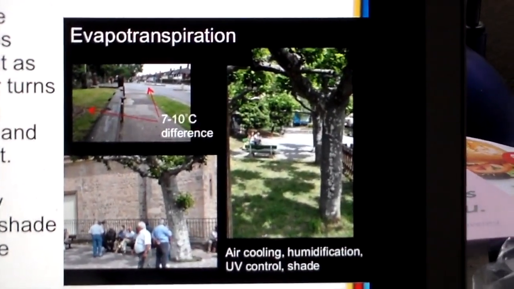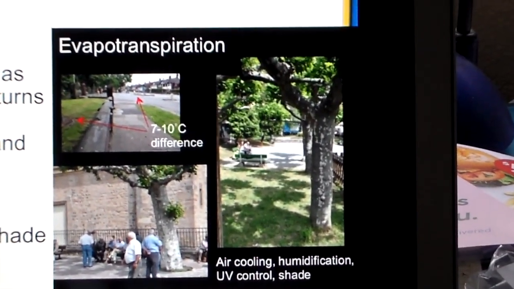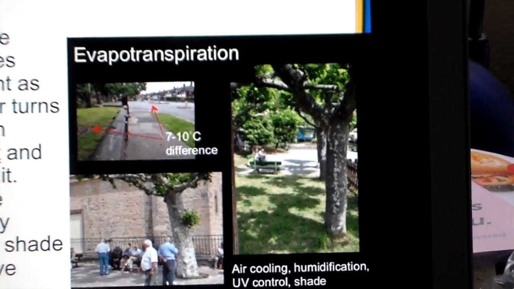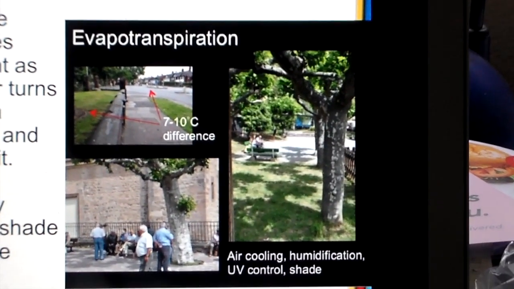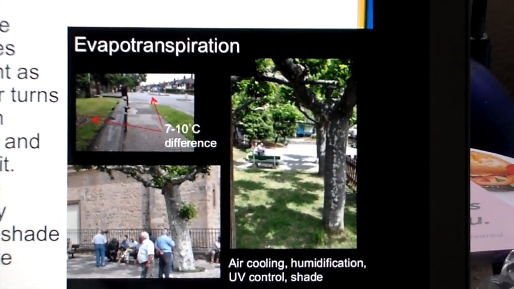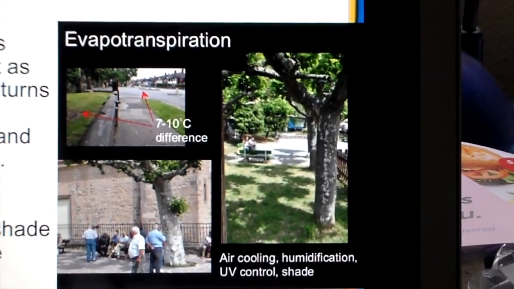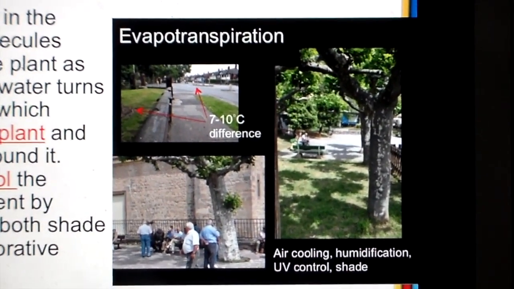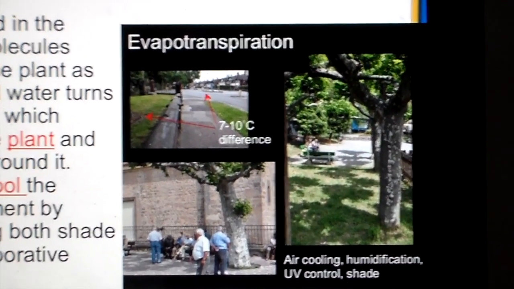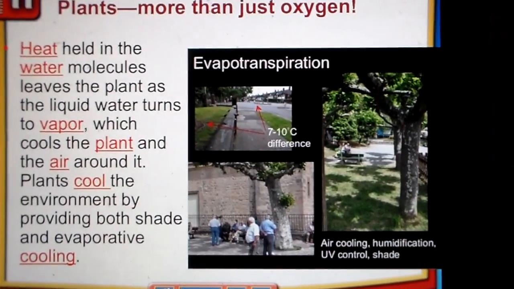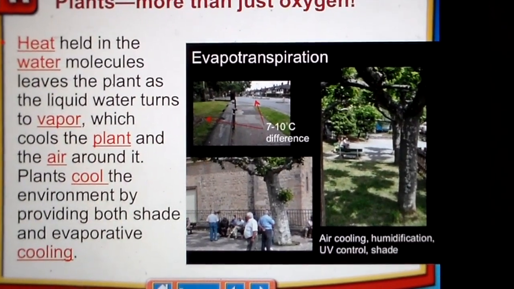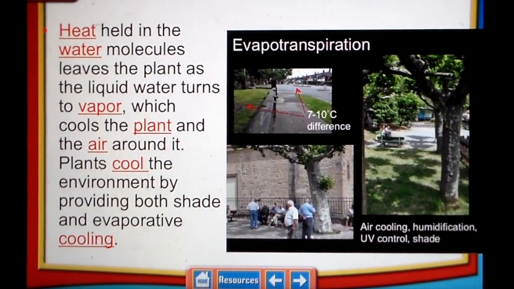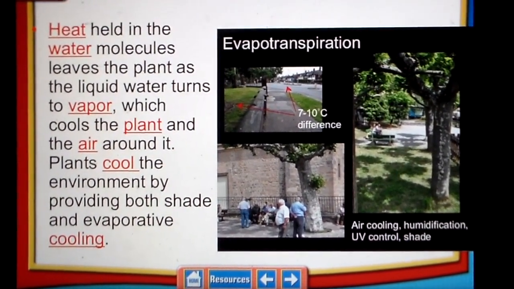So if I zoom in here, you'll notice that there is anywhere from a 7 to 10 degrees Celsius temperature difference between a place that is just cement or buildings and places that have plants. In fact, the best place you can be on a hot day is under a tree and on some grass, because as that plant evaporates its water, the heat that's in that water is going to leave, and that plant is going to end up cooling the air as well as the ground around it.